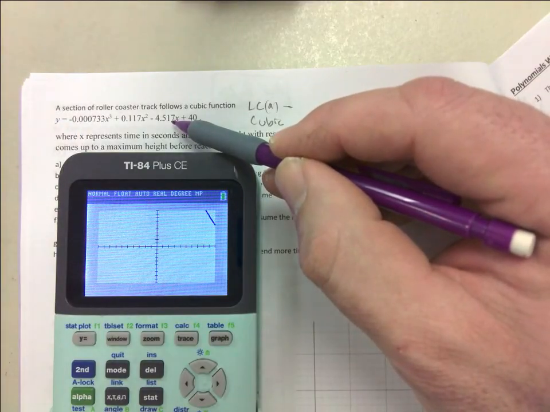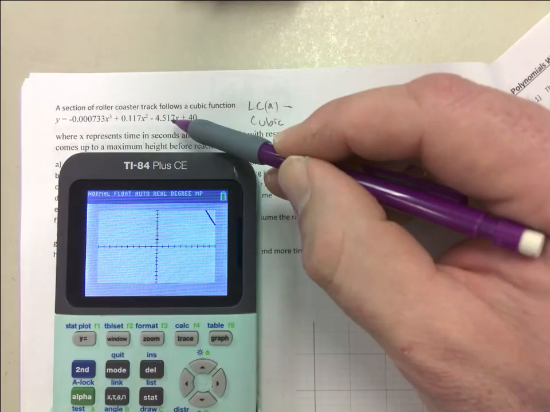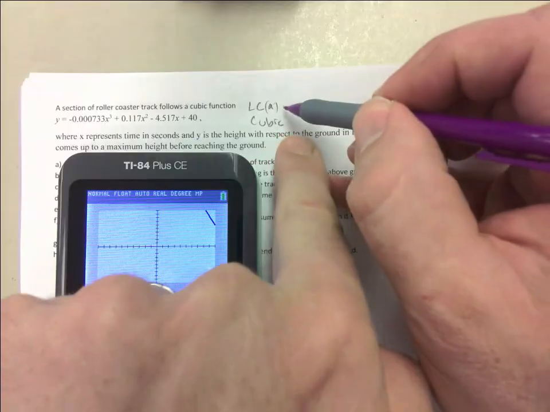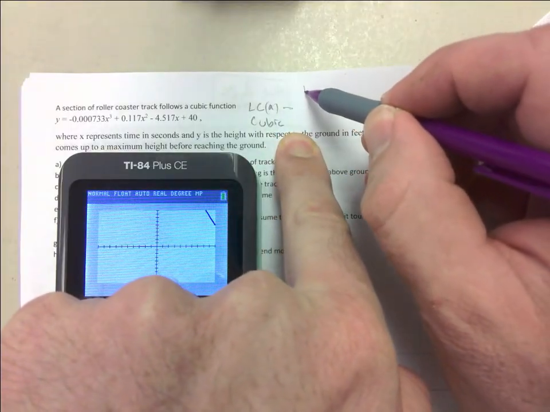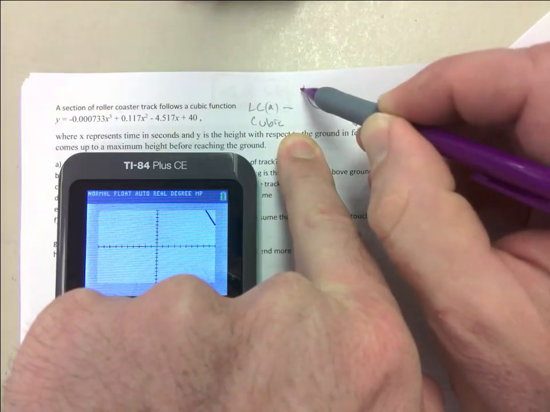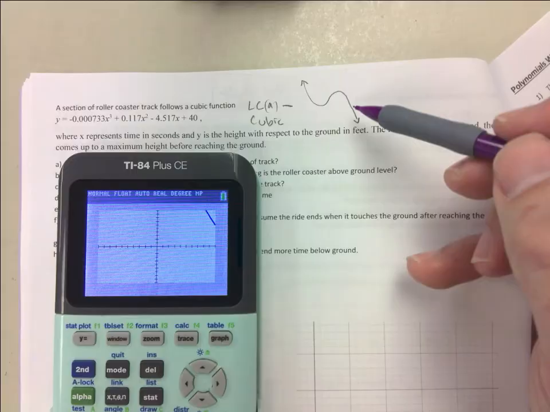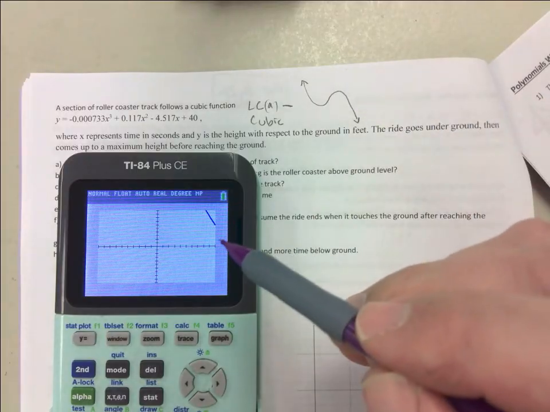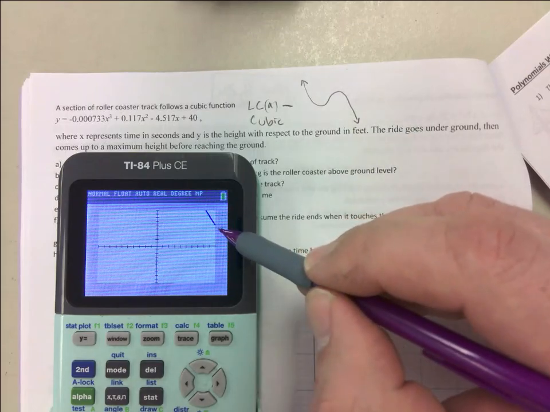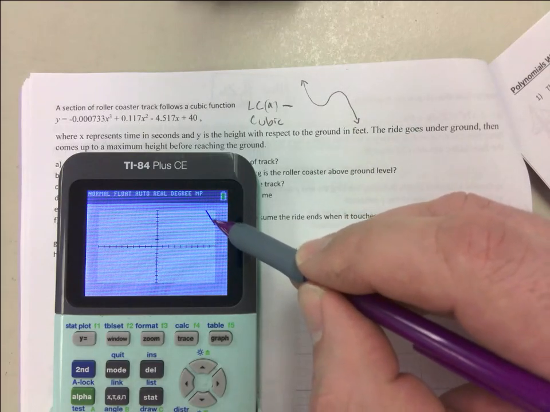What do we know if there's a B and a C? It's going to have the two turns, right? If it's negative, we are expecting something like this, right? So I want you to know that that's what you expect. Even though you don't see a thing, that's what we're expecting. I see a little bit of the curve right here.